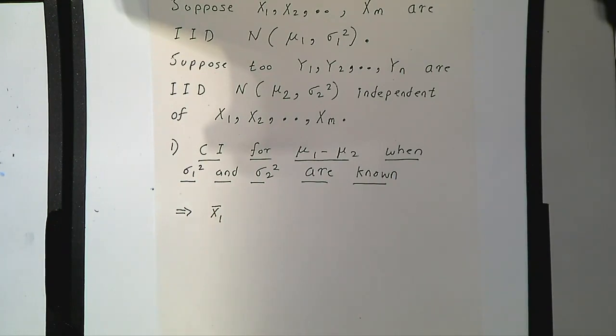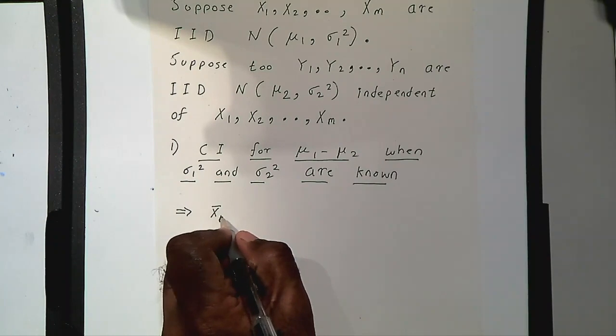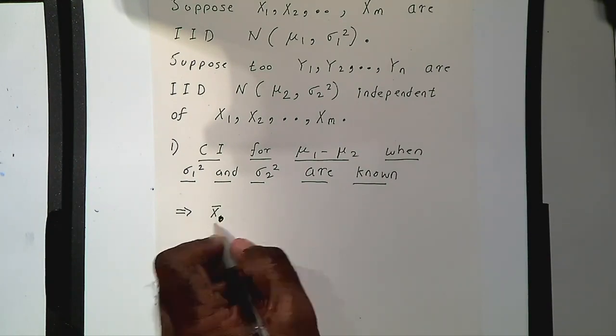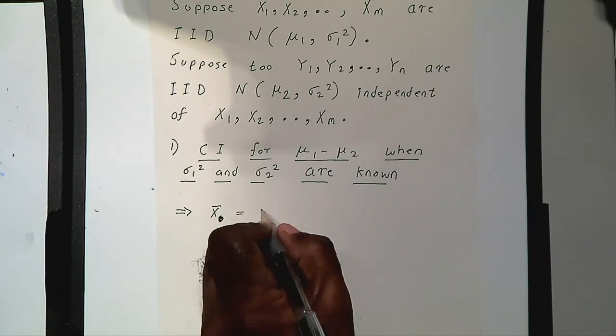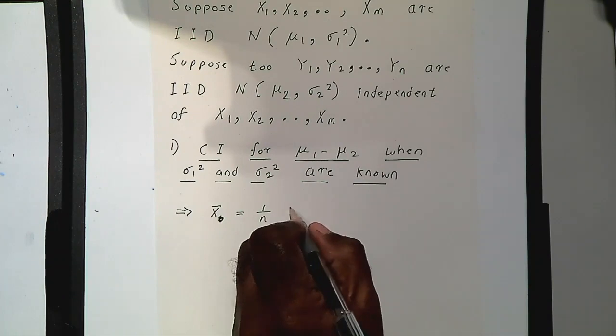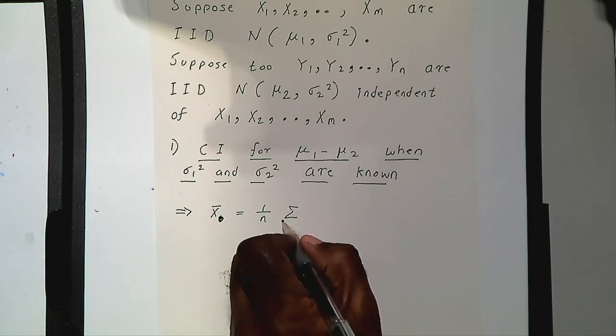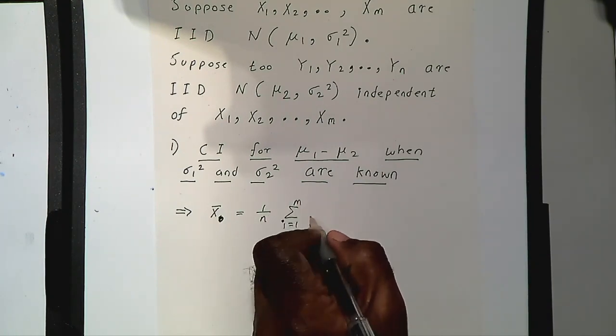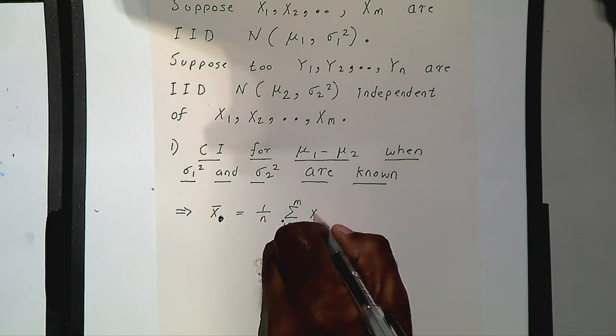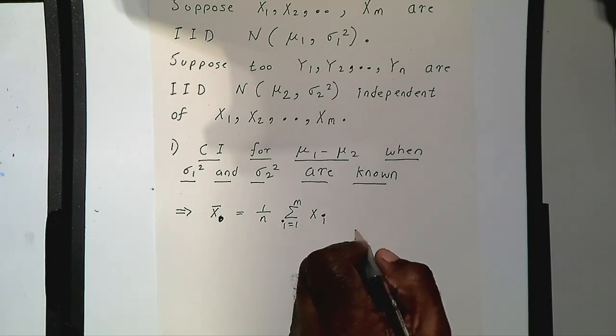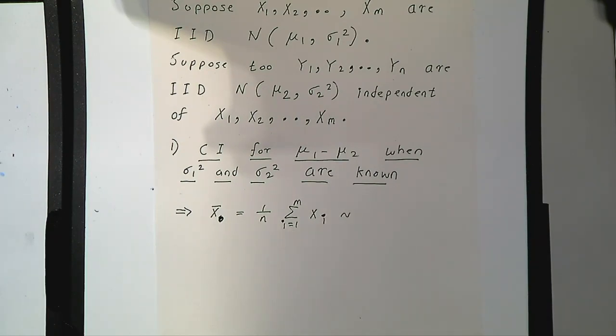Now, okay, let x bar, all right, I shouldn't use x bar, excuse me. Let x bar denote the sample mean of the xi's. All right. Now, what distribution will x bar have?